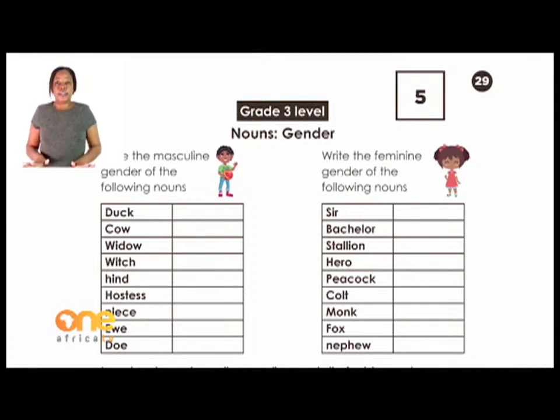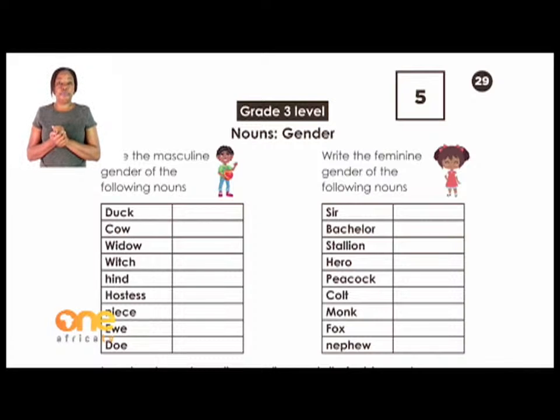So masculine refers to the boys' side, and feminine refers to the girls' side. Are we together? So our gender, we only have 2 genders. It's either you are a male or you are a female, you are a girl or you are a boy. Are we together? That is what gender means.